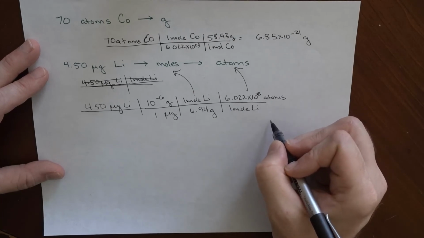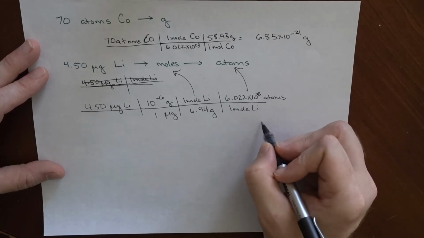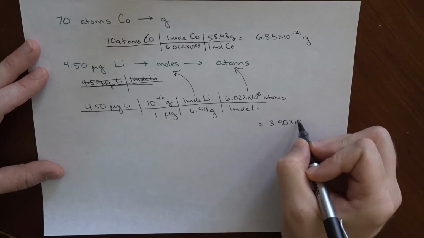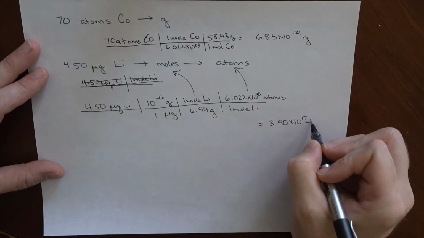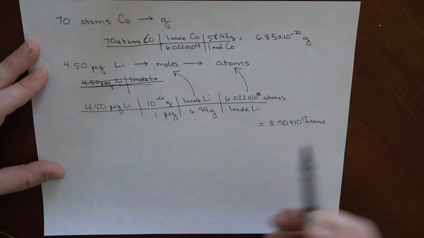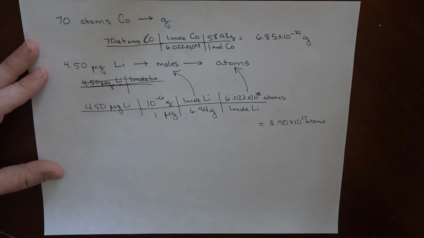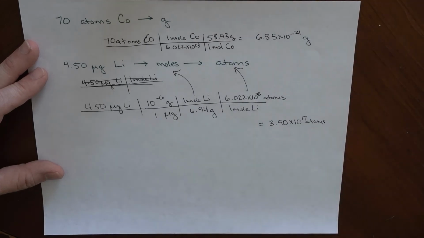When I go all the way to atoms, this would equal 3.90 times 10 to the 17 atoms. And that number makes sense because 4.5 micrograms is much less than 6.94 grams.